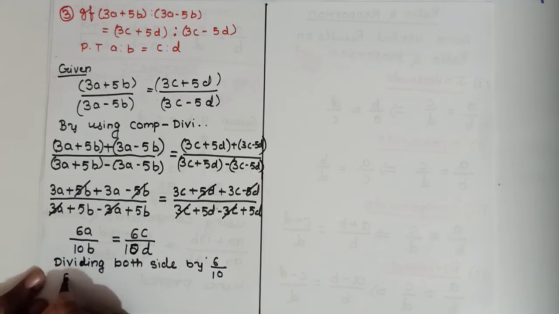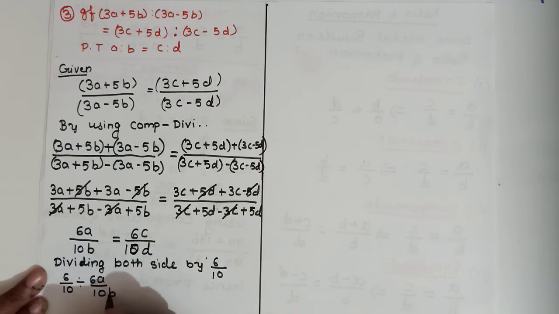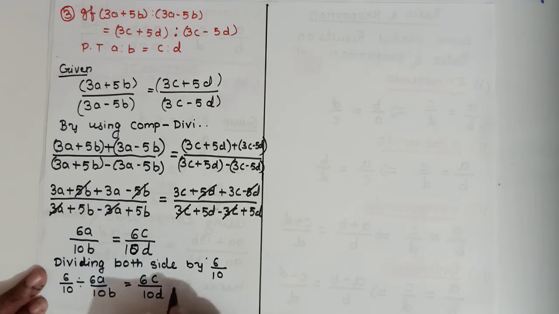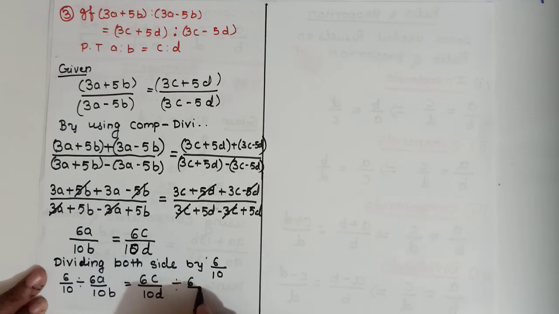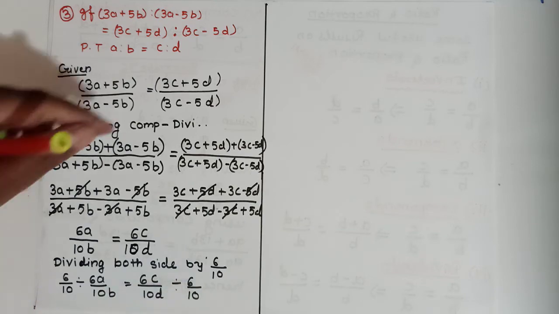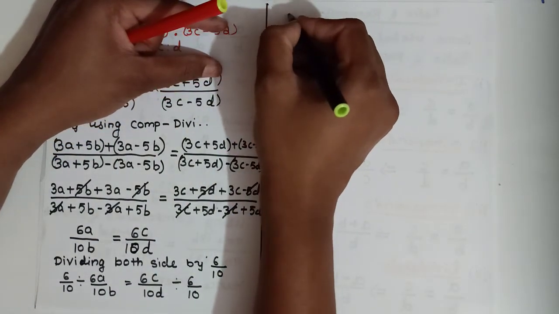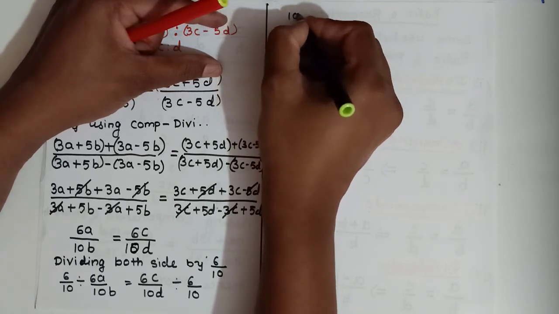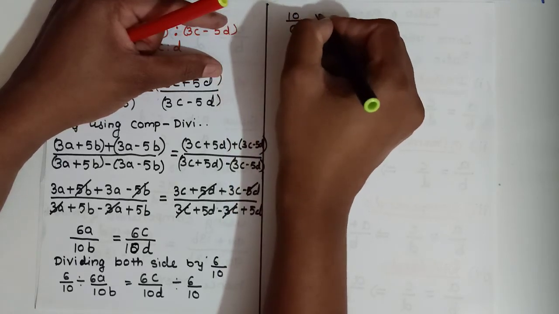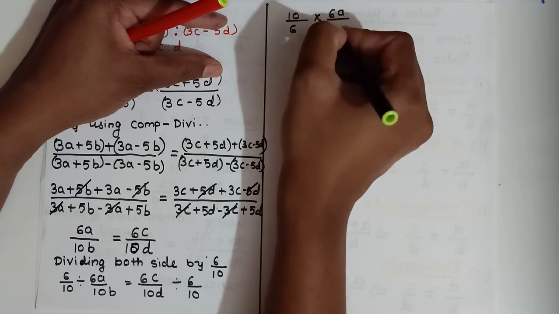6a upon 10b divided by 6 upon 10 equals 6c upon 10d divided by 6 upon 10. Division is there, so this will become what? Reciprocal, and in between there will be a multiplication sign. So 10 upon 6 into 6a upon 10b.